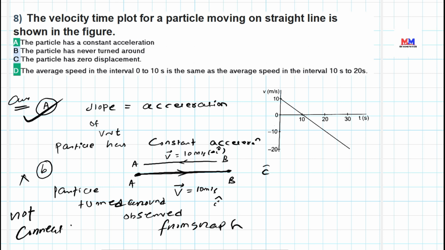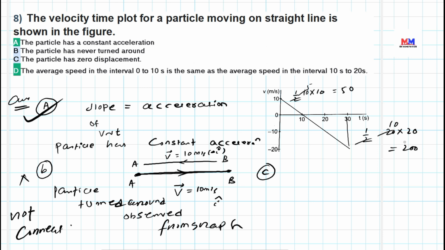Option C, the particle has zero displacement. We know that the area under the graph gives the displacement. The area is half base into height, half into 10 into 10, so this is 50. And this is equal to half base into height, where the base is 20, so half into 20 into 20, which is 200.